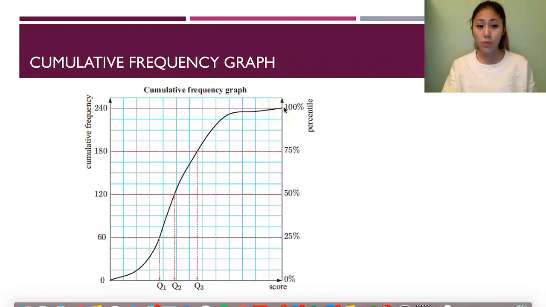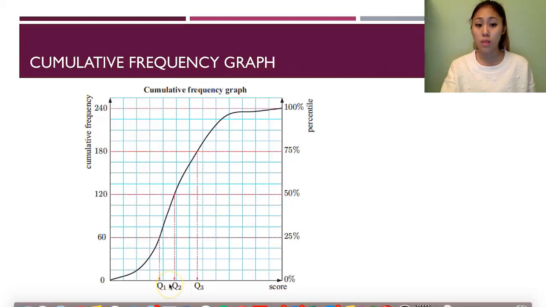Then half of 240 is what? 240 divided by 2, that's 50%, and that's 120. So we find 120, and we find the intersection with our line. And then we go downwards, and we find that this is Q2, right?